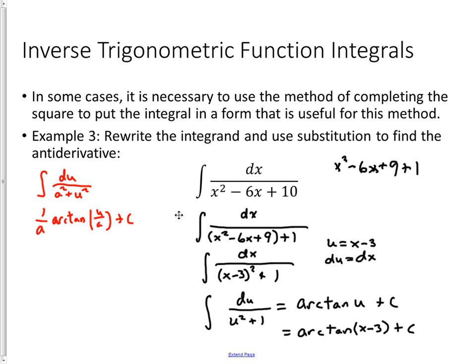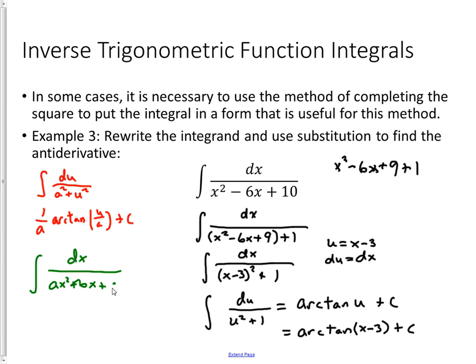And so very often, if we run into one of these kinds of expressions, this is going to be a useful tool for us. We're going to complete the square if we run into something that is of the form dx divided by ax squared plus bx plus c, right?